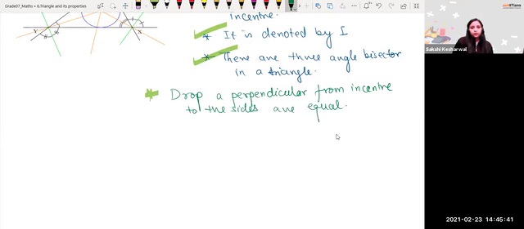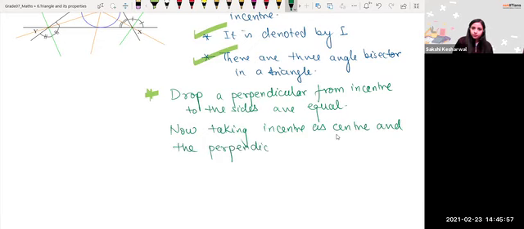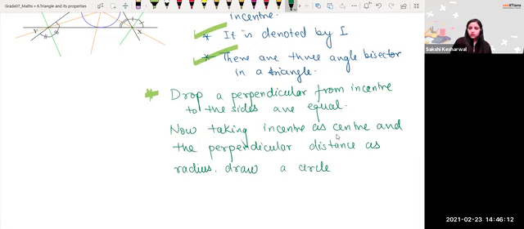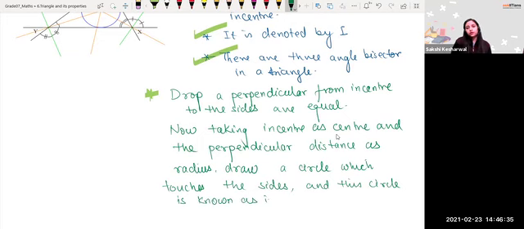Now, taking the incenter as center and the perpendicular distance as radius, draw a circle which touches the sides, and this circle is known as the incircle, right?